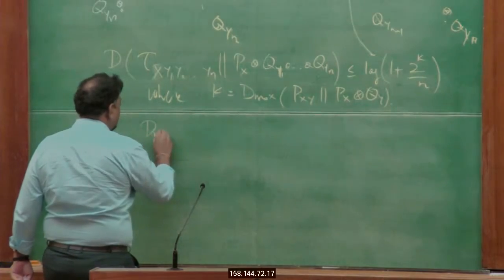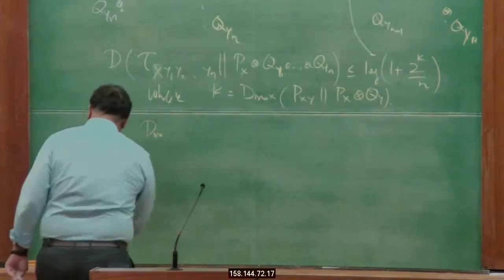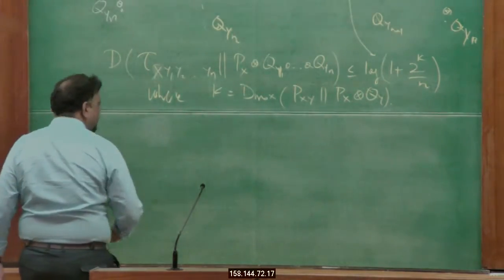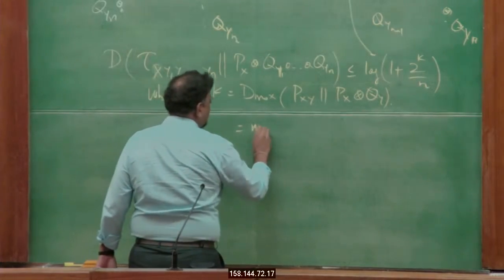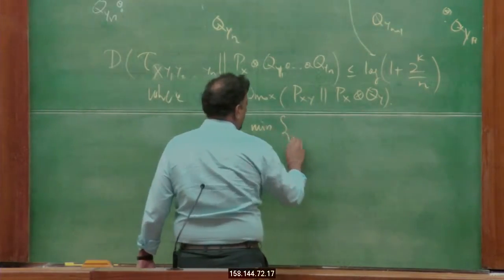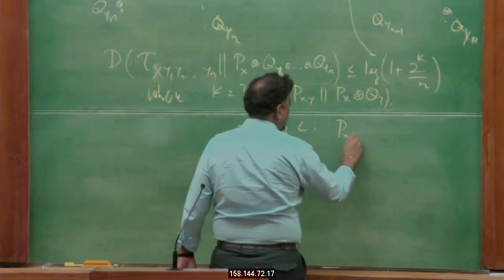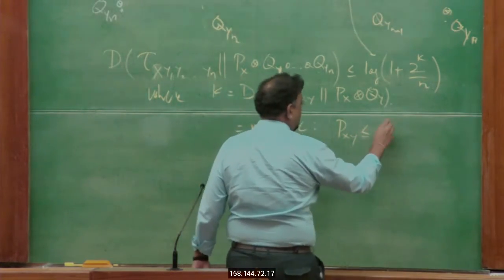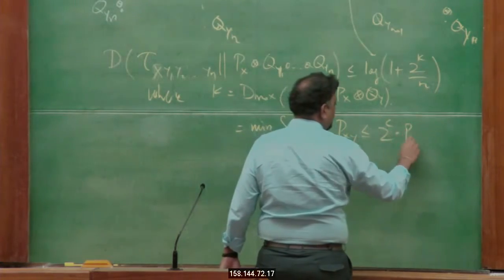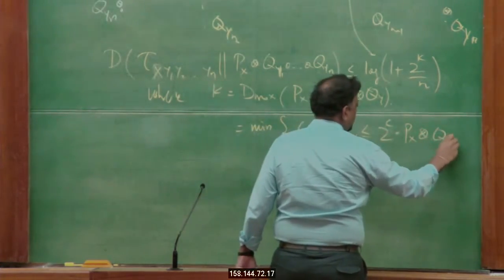So Dmax of Pxy with Px tensored Qy, let me just write it here, is the minimum over C such that Pxy is pointwise smaller than C times Px tensored Qy.